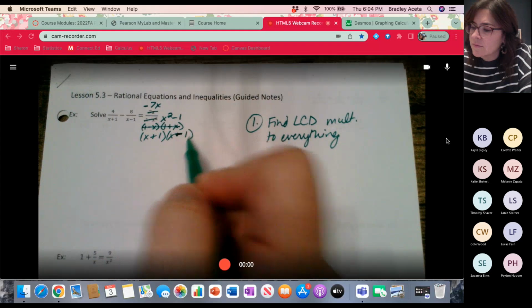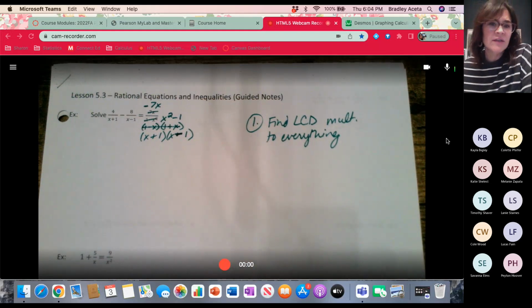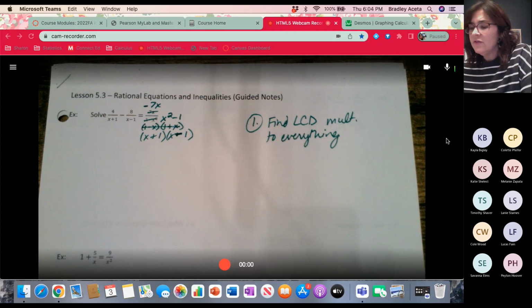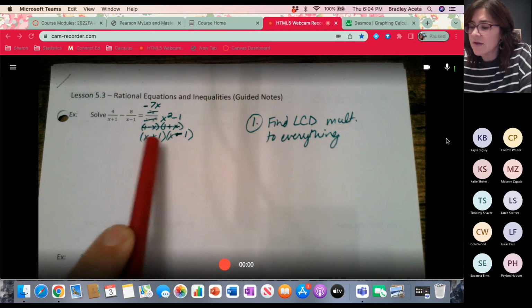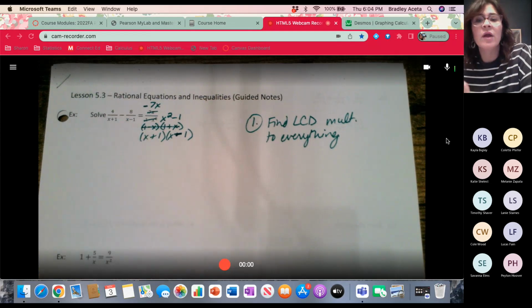And you're going to have a question like this. That's why I want you to make sure you know how to do that. And why did I do that? Because notice now everything has an x plus 1, x minus 1, and that's what I want to make everything turn into, that common denominator that they can all divide by or reduce to.